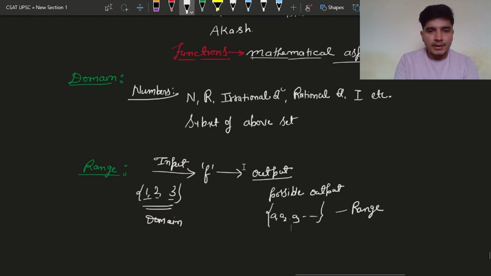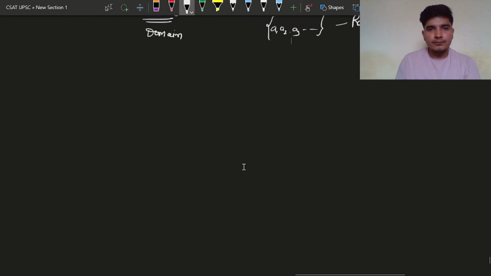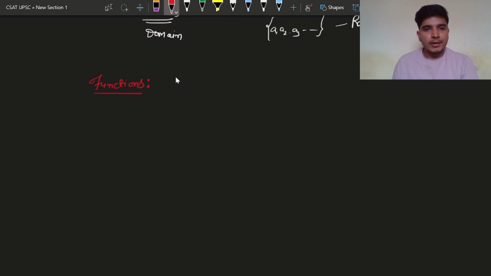Now comes the mathematical aspects of functions. If we are talking about functions, first we should have some variables to define them. In general we use x, y, z, a, b, c; you can use any alphabet according to your convenience.